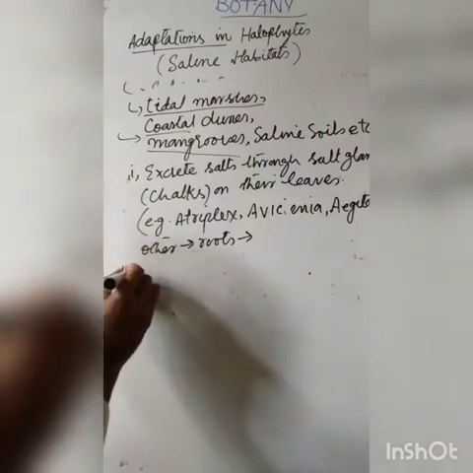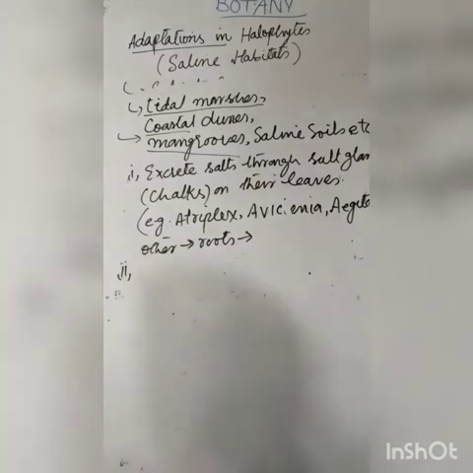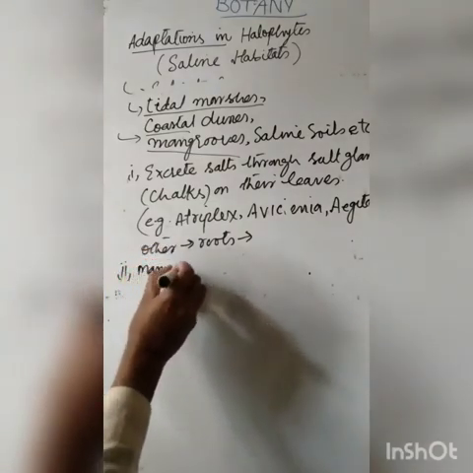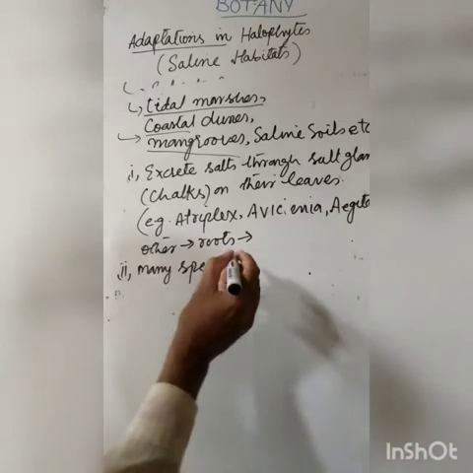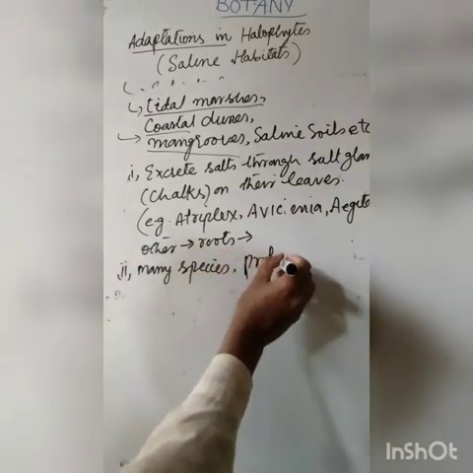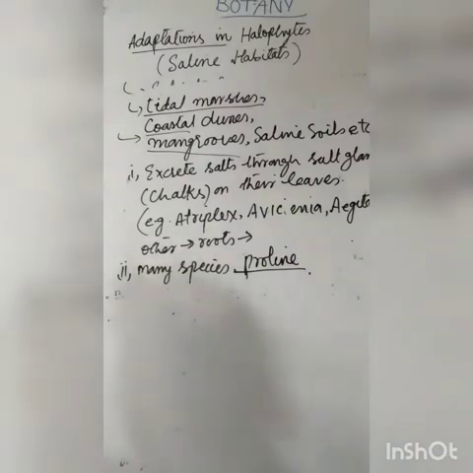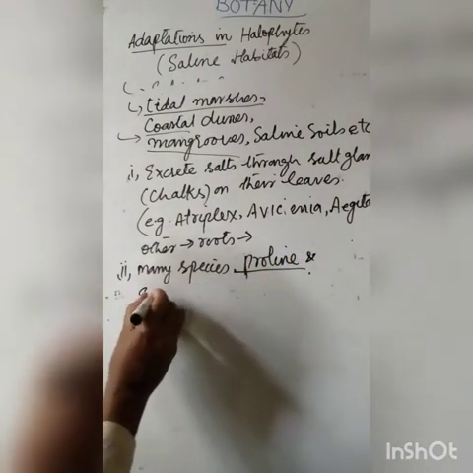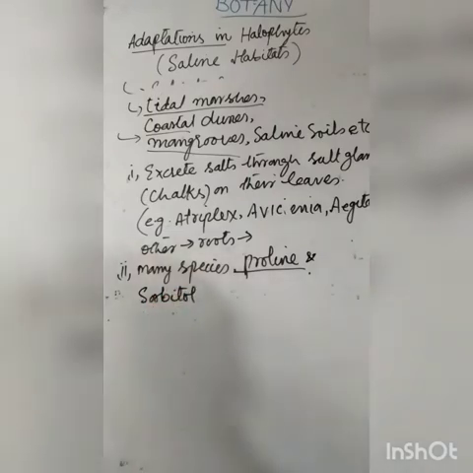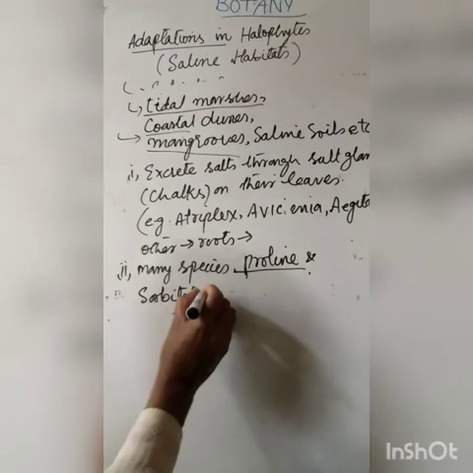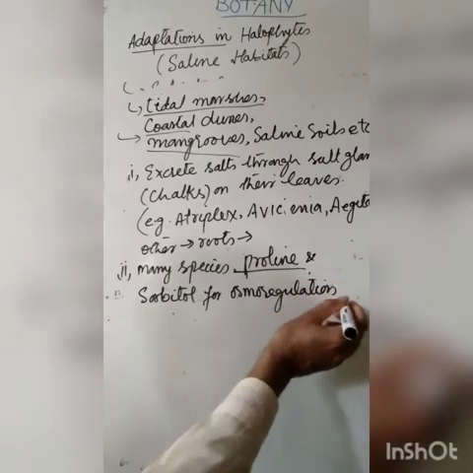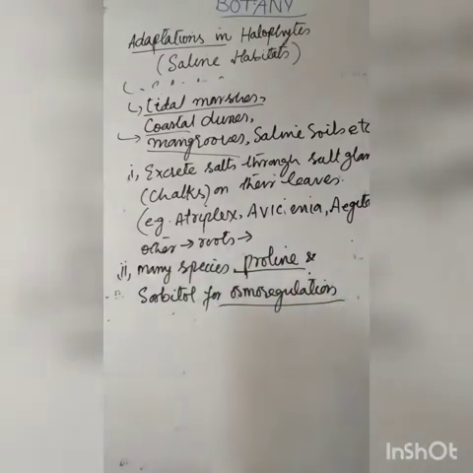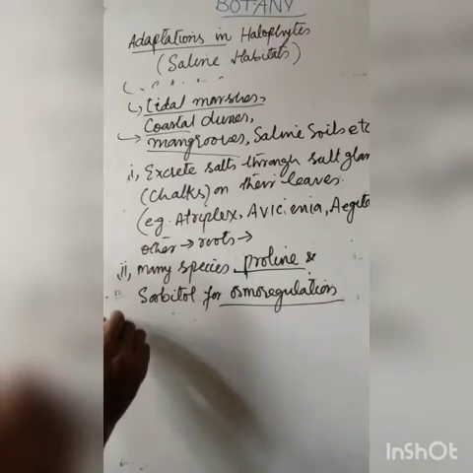And there is another adaptation of these, that many species of halophytes have high levels of organic solutes, that is proline and sorbitol, for osmoregulation, to regulate the osmotic concentration of water. These have a thick cuticle.